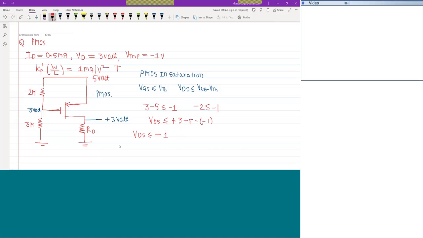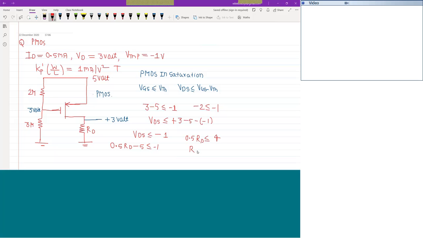Now, what is VD? VD is 0.5 times RD minus 0.5 should be less than or equal to minus 1. So 0.5 RD should be less than or equal to 4.